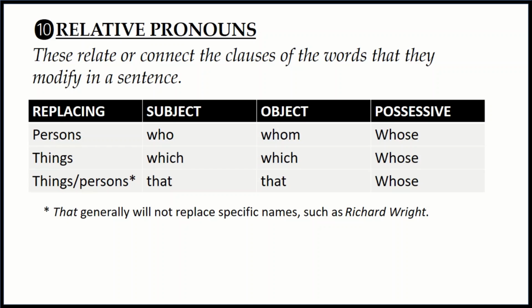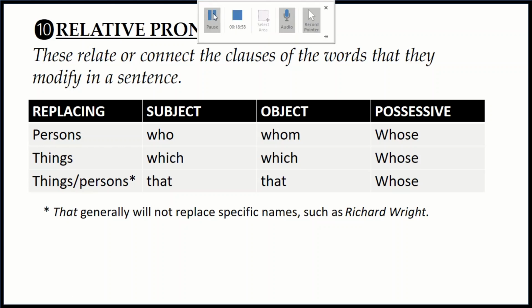So if I just give you a few examples, I'm just making it up right now. For example, if I take who, I may say, David is the boy who punched me.